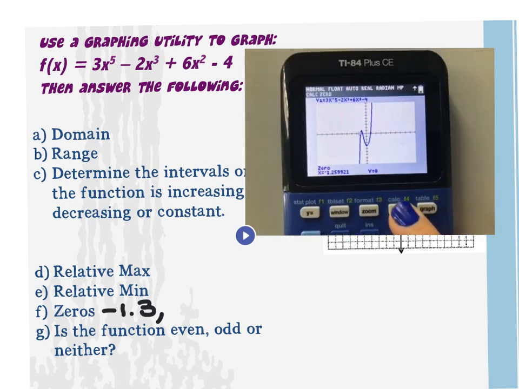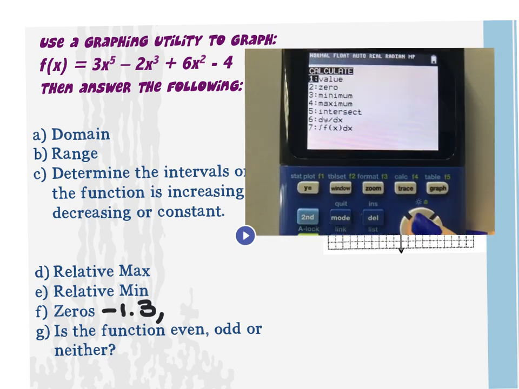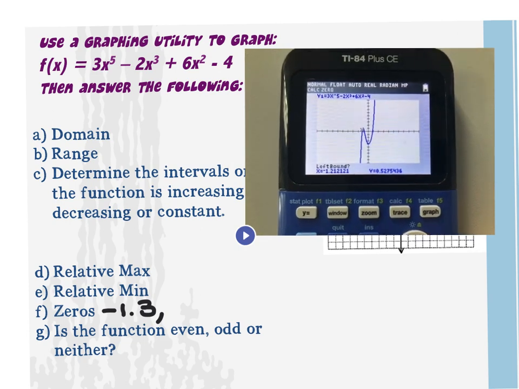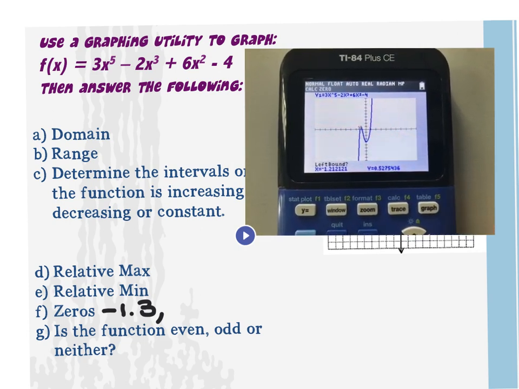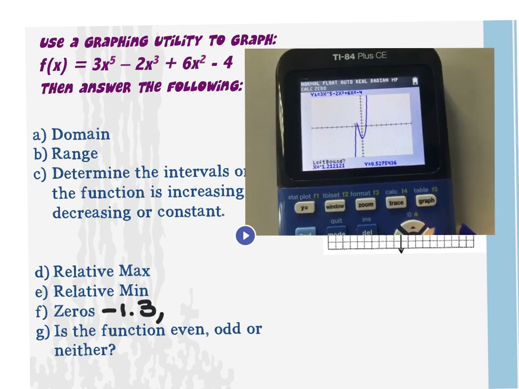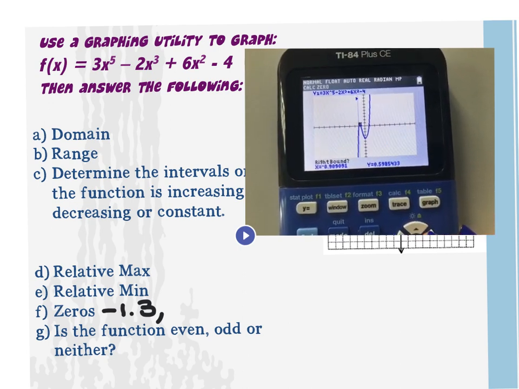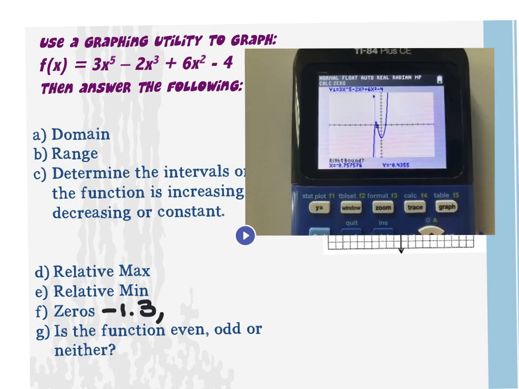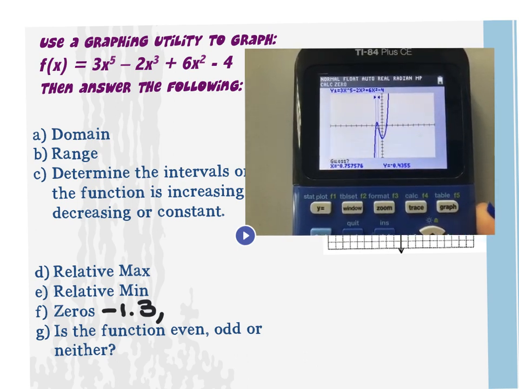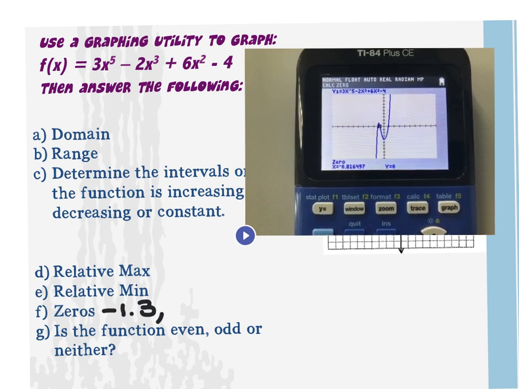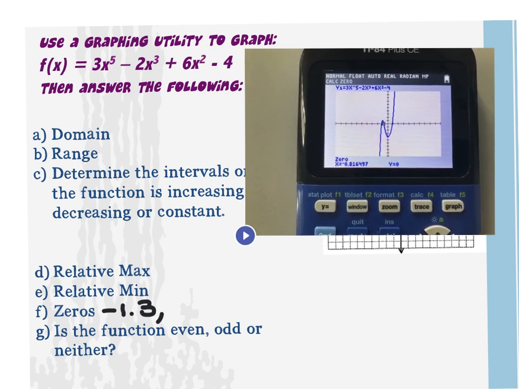So second, trace. I'm going to go to my second 0, so 0. This time I want to go to the left of my 0. I'm already there because I've already gone past that 0, right? So this could stay as my left bound and then go right bound as soon as that y gets past the y-axis. Now it's negative. I know I'm right bound. So I can hit enter and then it goes straight to that point, negative 0.8.